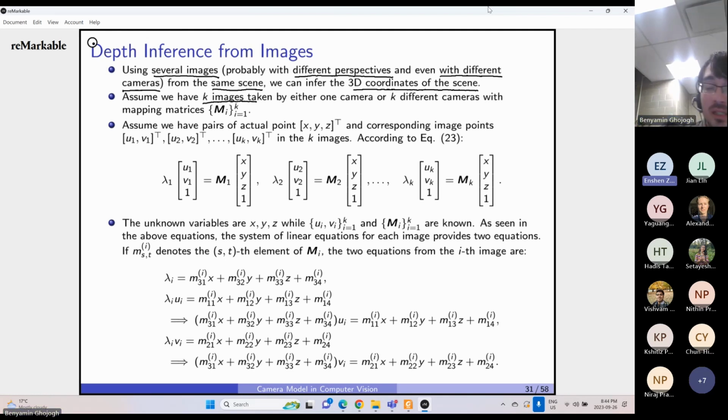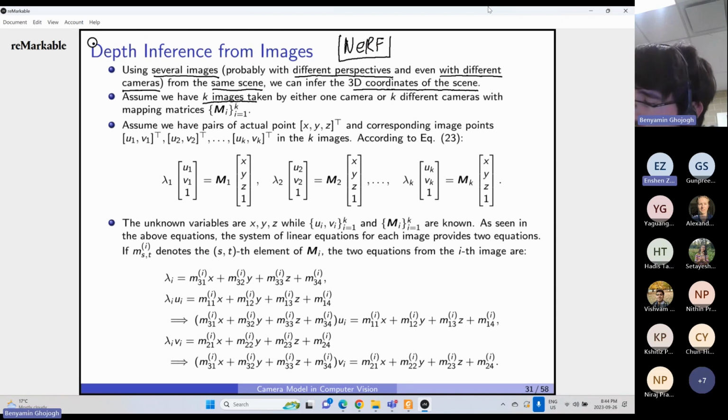Okay. Maybe I'm not sure what that is, but there are other techniques to do that. There are some recent methods in deep learning called NeRF, I guess. If you Google NeRF, you will see that it's a family of methods. There are thousands of papers on NeRF.